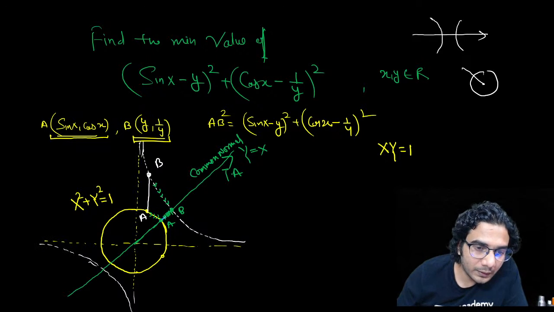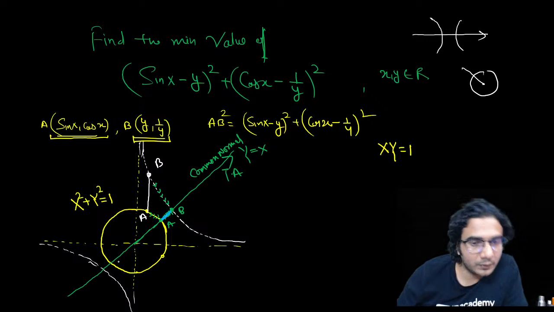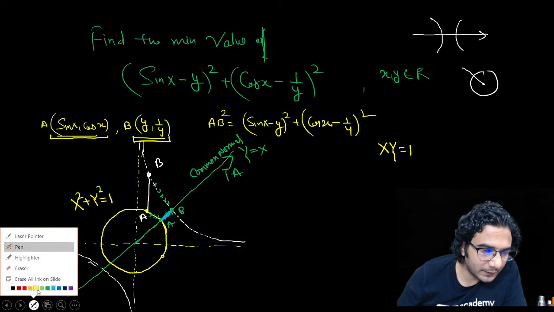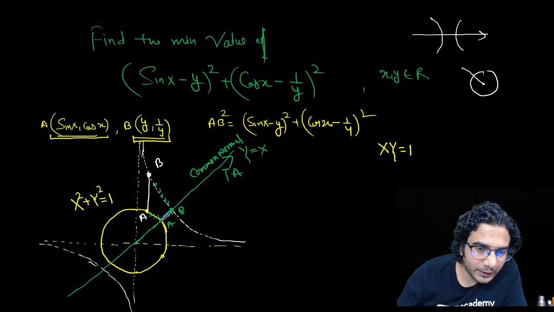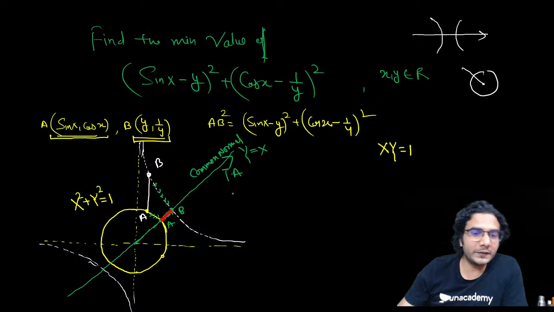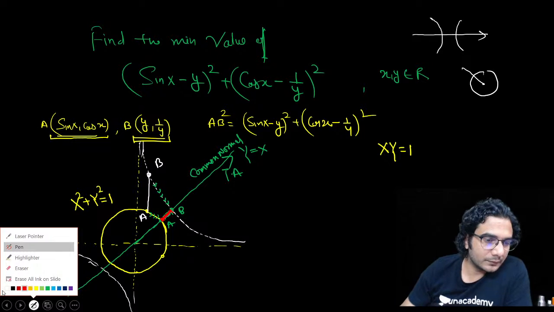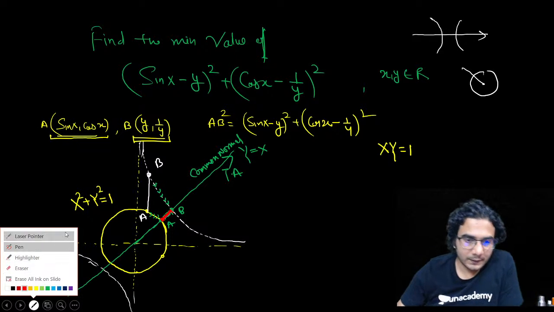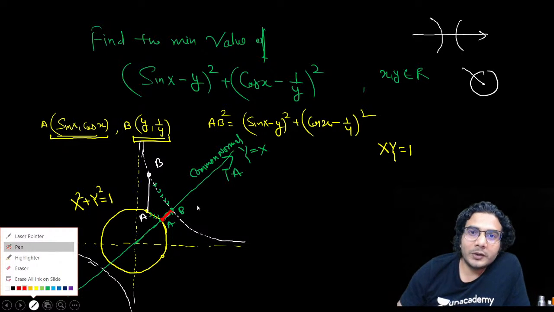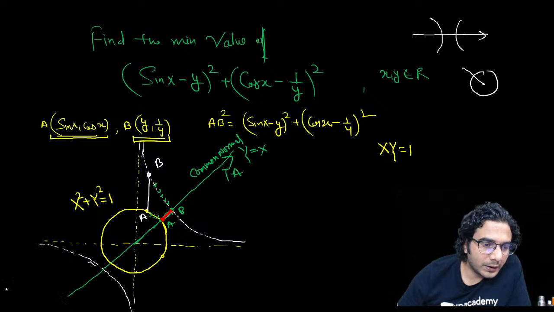Let me change the color. Which color shall I use? Yeah, red will work. Perfect. This AB is the shortest distance, which we can find easily. How do we find it? I'll tell you. We know the coordinates of B. What are the coordinates of B?